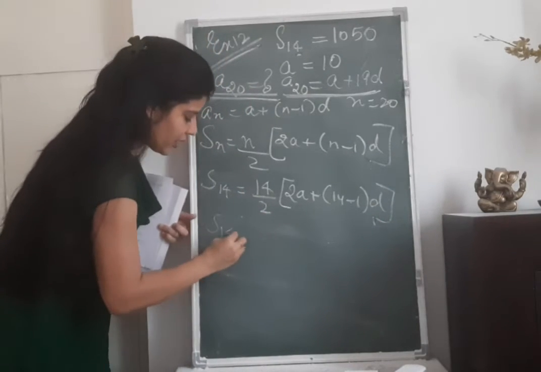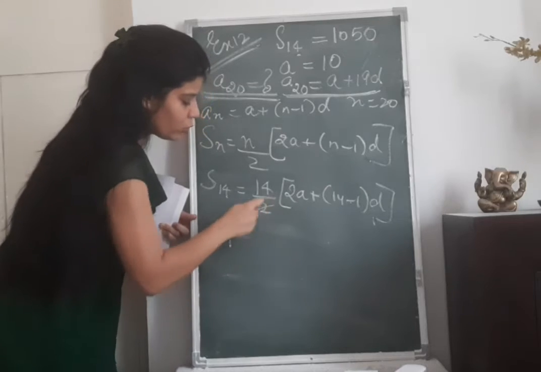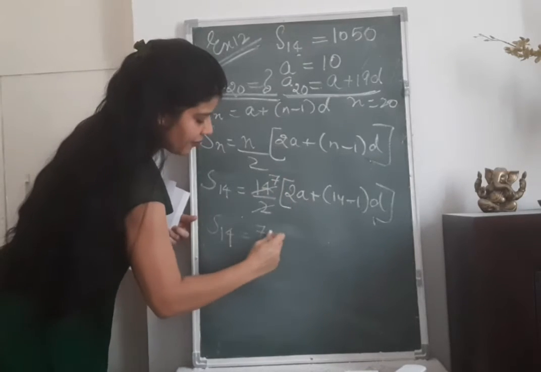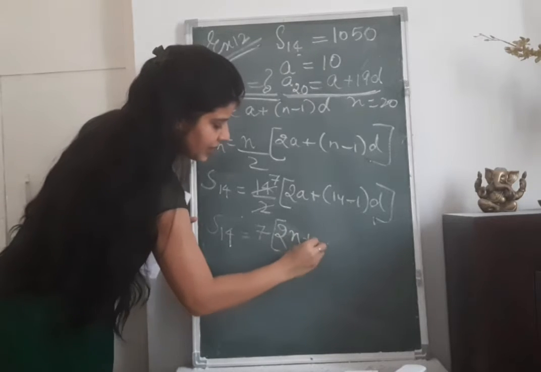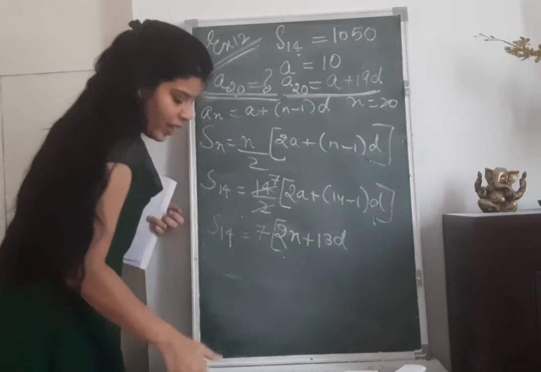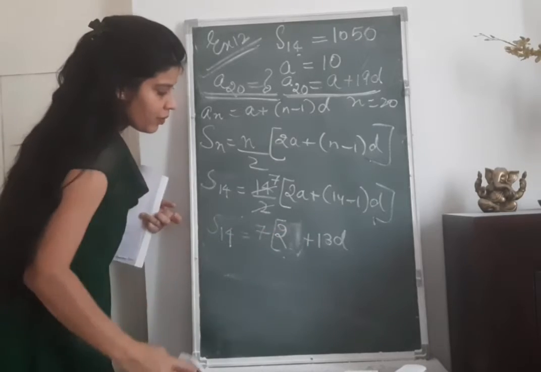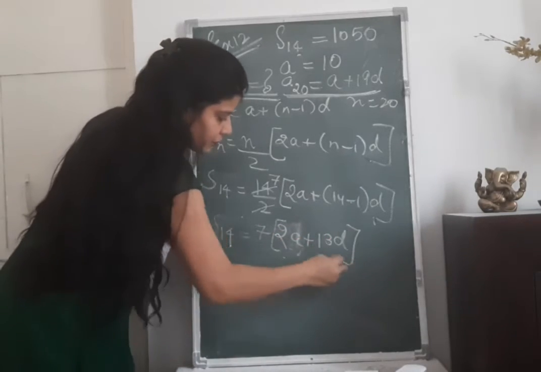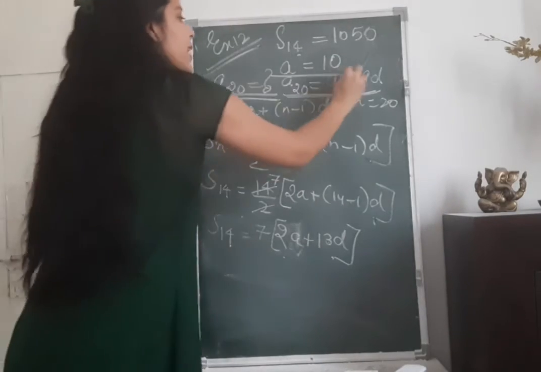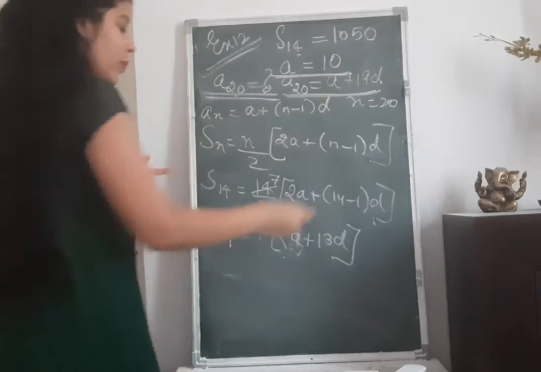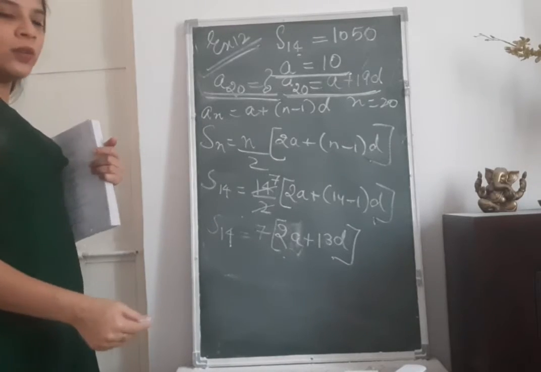So S of 14 is equal to 2 sevens are 14, so 7 into 2a plus 13d. Now what is the value of a here? Value of a is 10 because it is already given in the question that the first term is equal to 10.